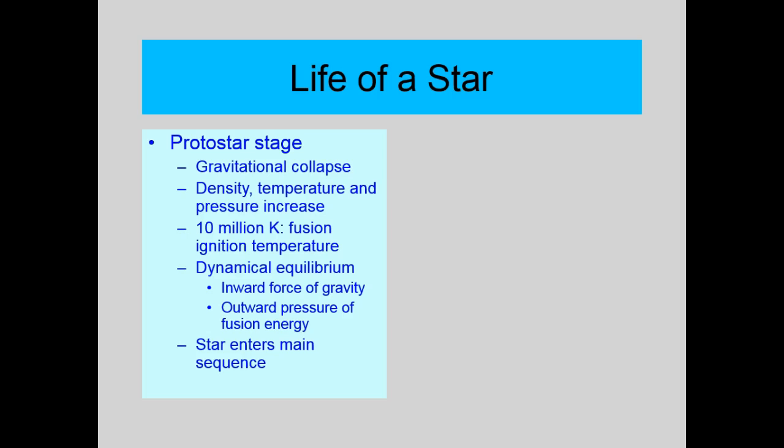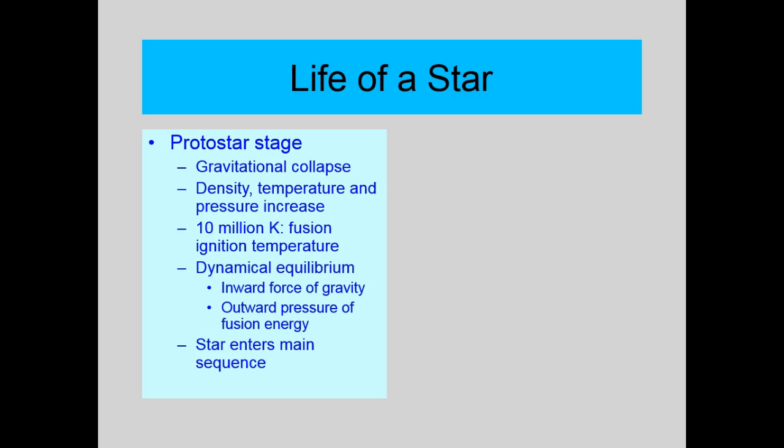I don't know, okay? But now we have the inward force of gravity, outward pressure of the fusion energy. They reach some sort of equilibrium, and the protostar becomes a star. When that finally equilibrates, and it's sort of resting happy, fusing like crazy in the core, radiating, finally it's a main sequence star.